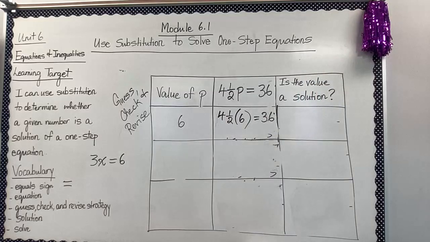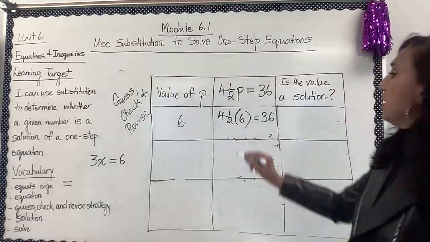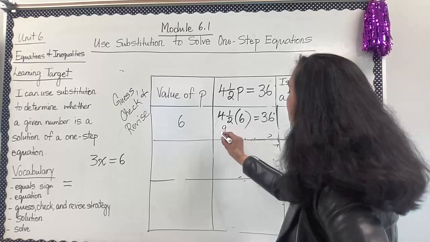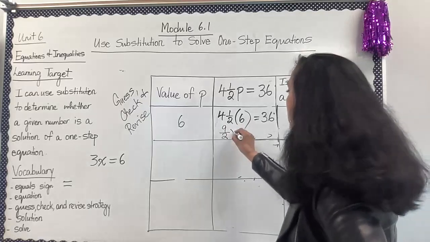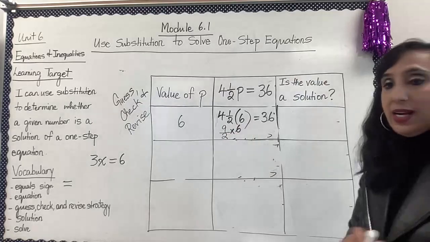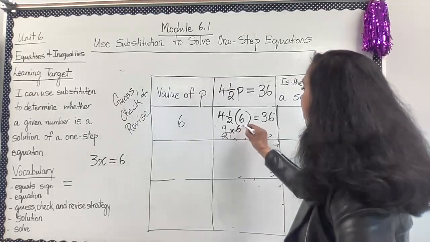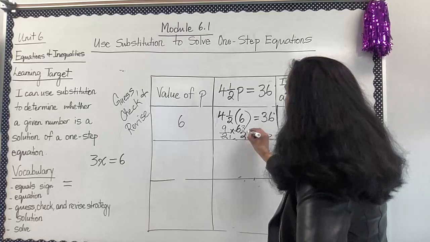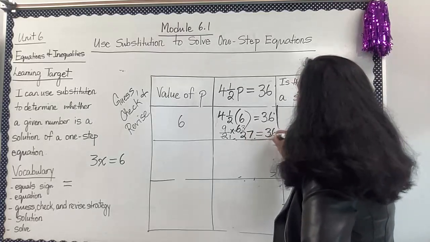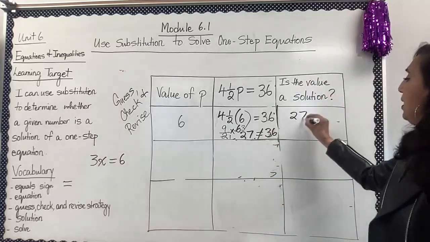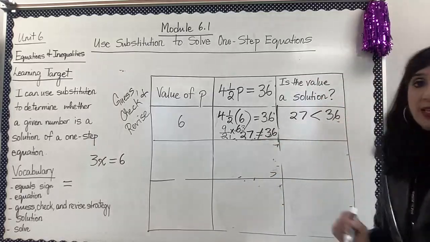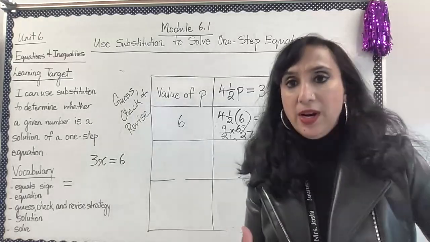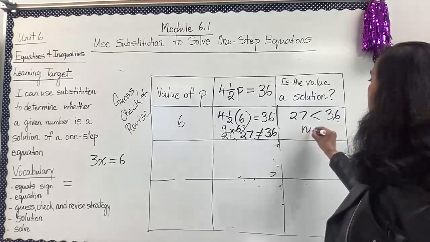We know that we are not going to get 36, because 4.5 is 9 over 2 times 6, and then I simplify, I get 1 and I get 3. And what is 9 times 3? This is 27, which is not equal to 36. 27 is less than 36, a smaller number, and that is why this is not a solution.